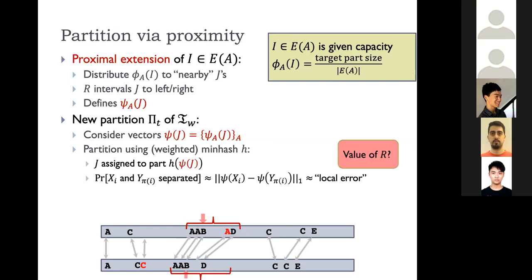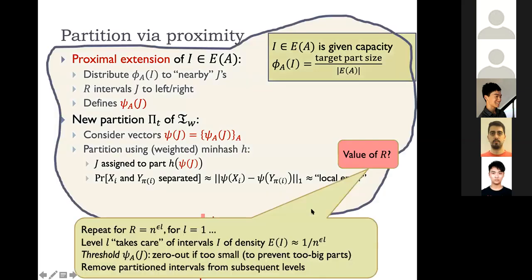There are more details here. In particular, what is the value of R really? It turns out that this entire thing is yet another loop where we repeat this for different values of R, and in some sense these will be called levels, and different levels take care of intervals of different densities.